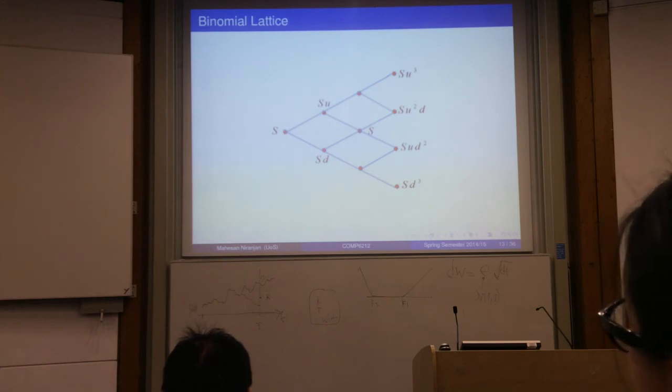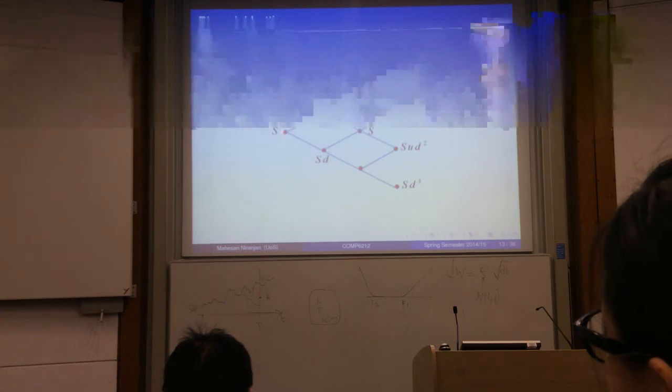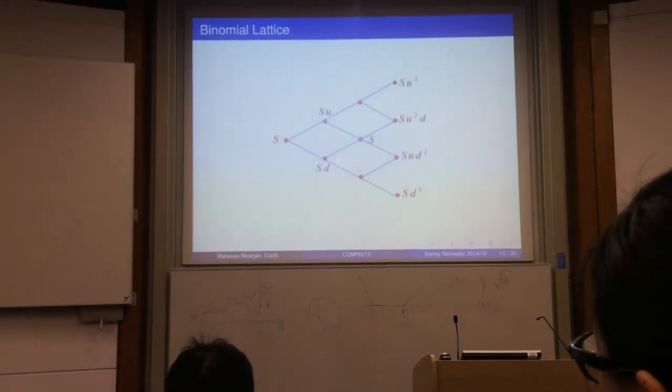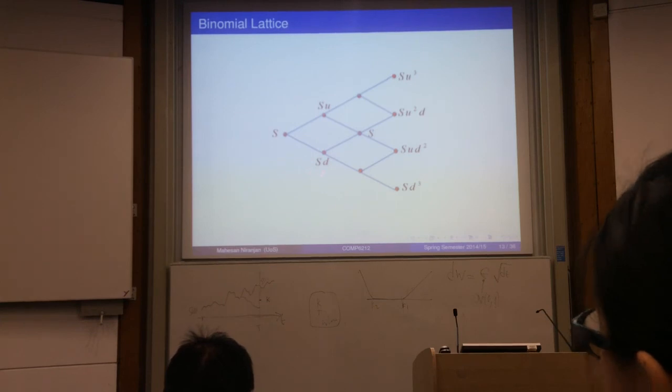I can think of this in the discrete world, which is nice for computer scientists like me, where I say, oh, I started here, I might have gone up here, I might have gone down here, and then from here I can go up or down. And I have constructed this to make life easy because this down is the same as that up. So I made a simpler tree, a lattice, than otherwise.